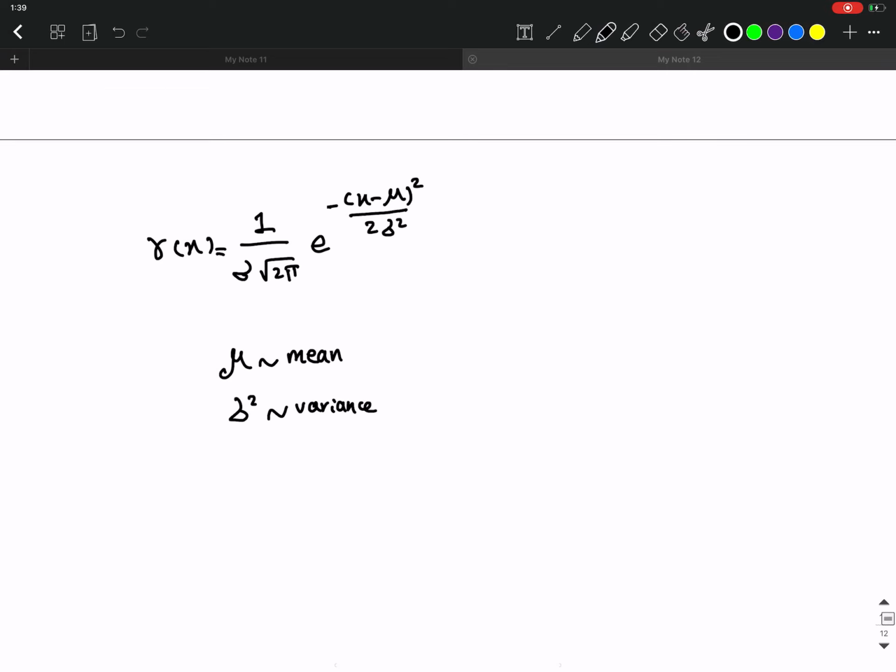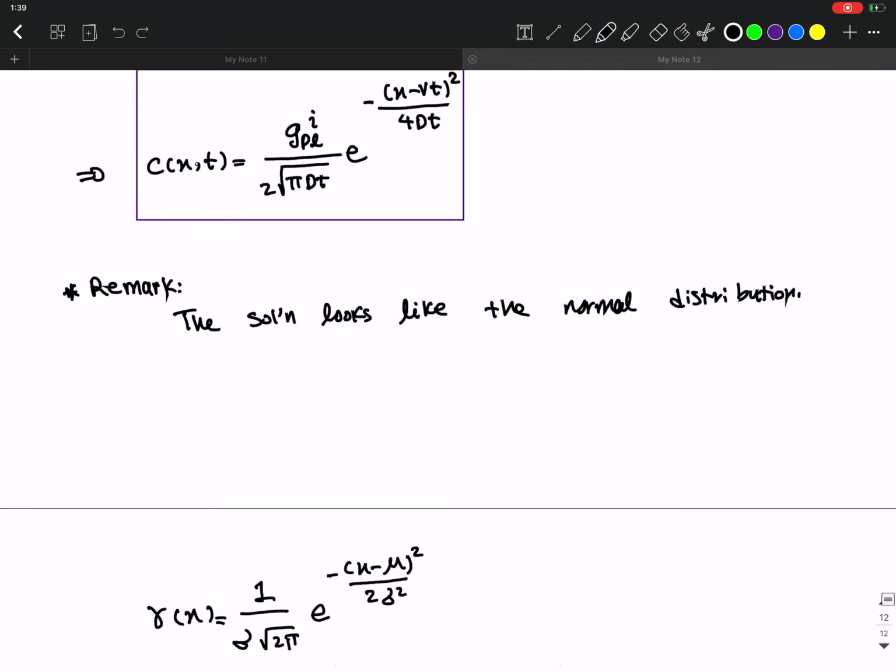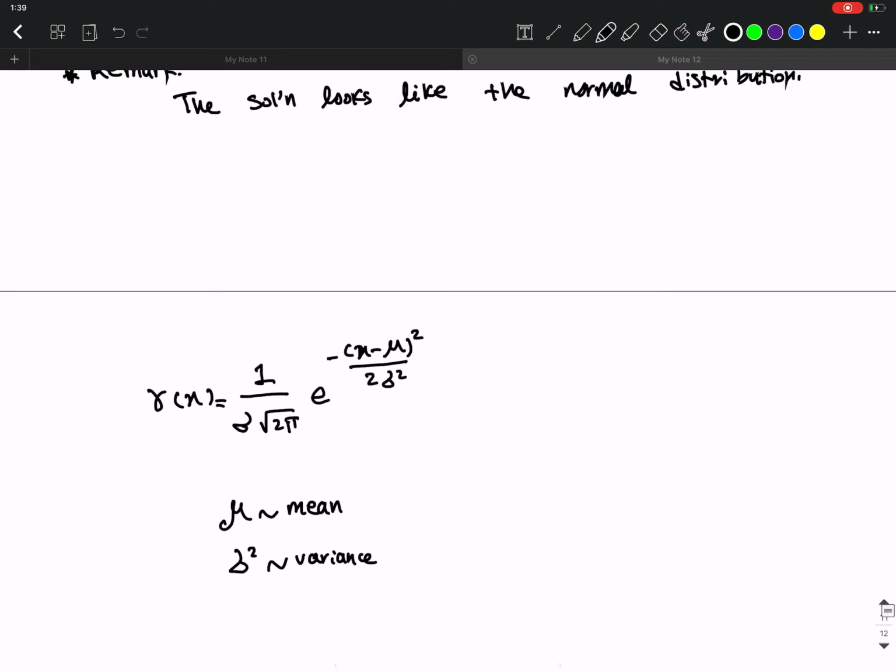So here in this problem, if you look at it, mu is vt, right? And sigma square is 2 dt.